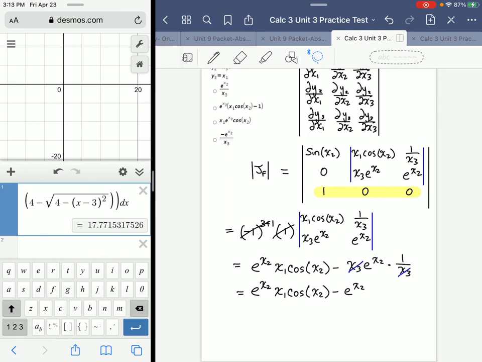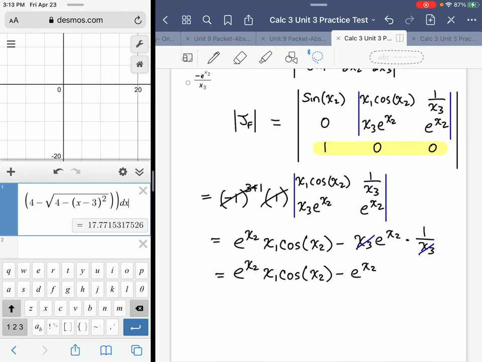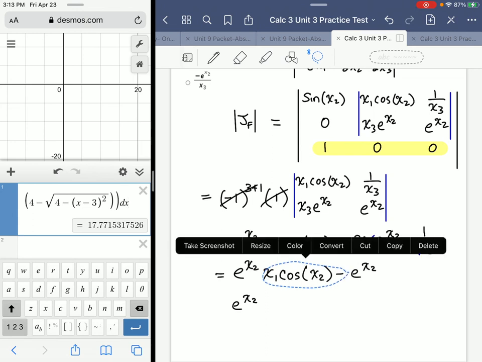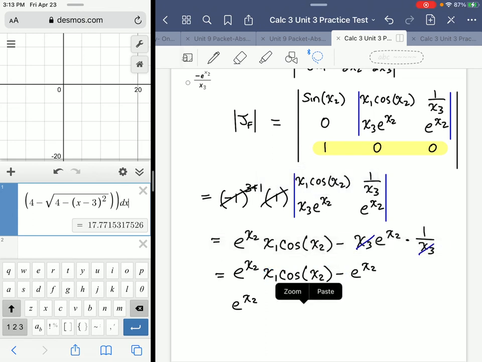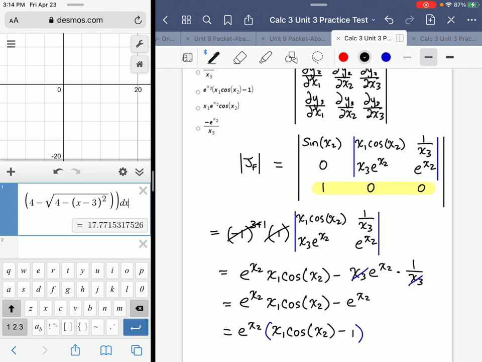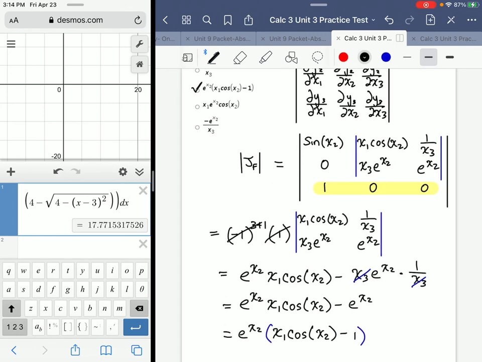So it looks like, yeah, if we factor out the e to the x sub 2 as a GCF, then we'll have something that looks exactly like one of the choices. And isn't that what the point is of this whole thing? So it looks like it's this one.